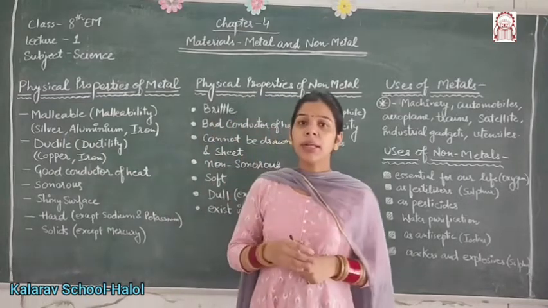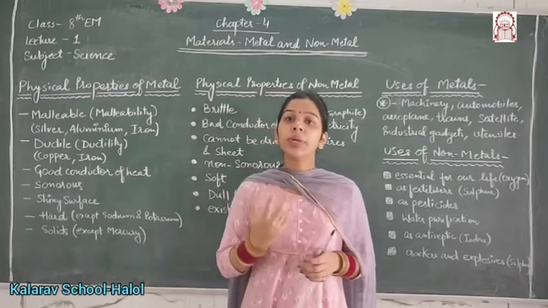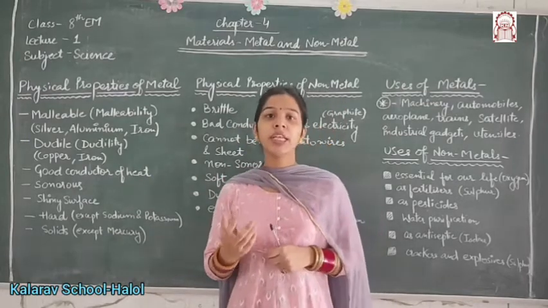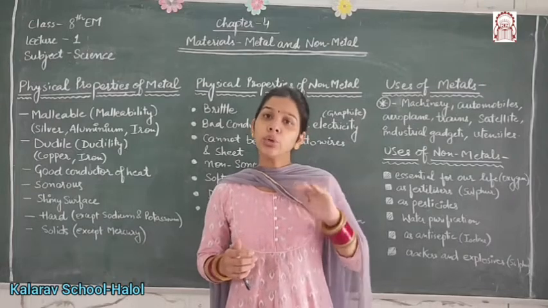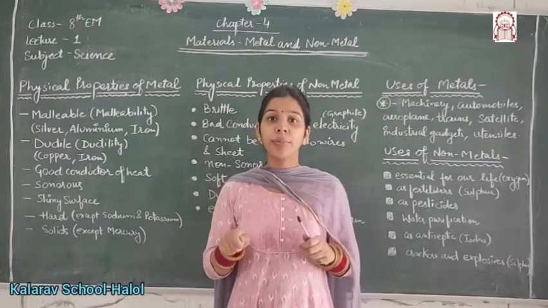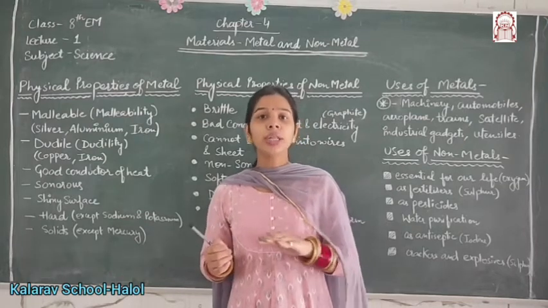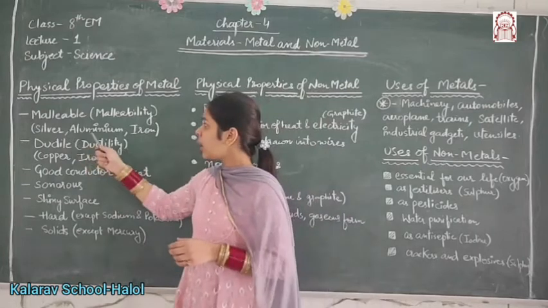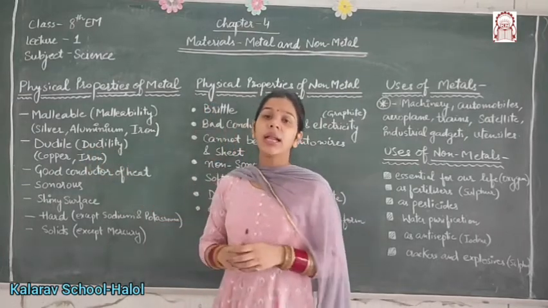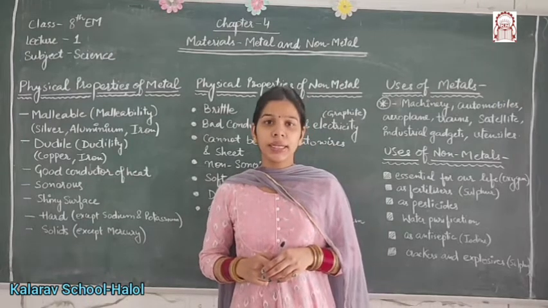What is malleable? That is the property malleability. The property of a metal by which we can draw a metal into sheets. That is by hammering or by applying pressure, we can draw the metals into sheets. For example, silver, aluminium, iron are the metals which have a property of malleability.